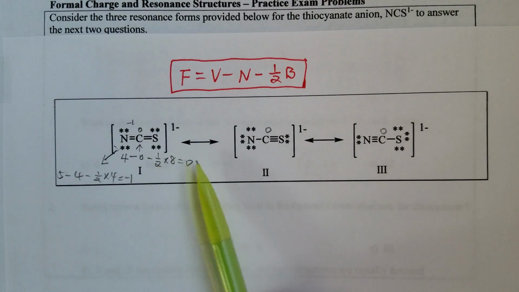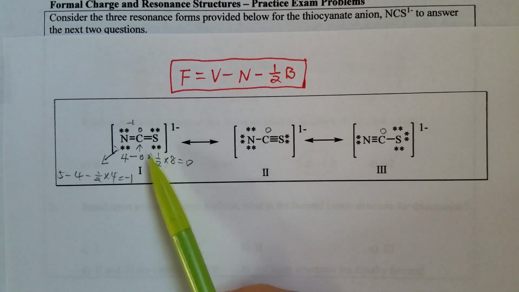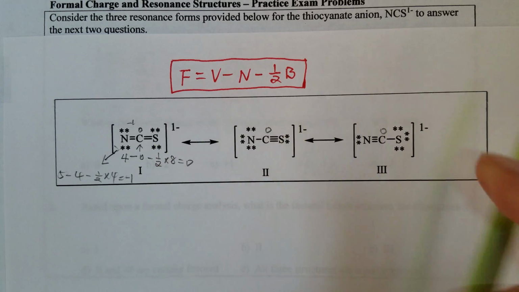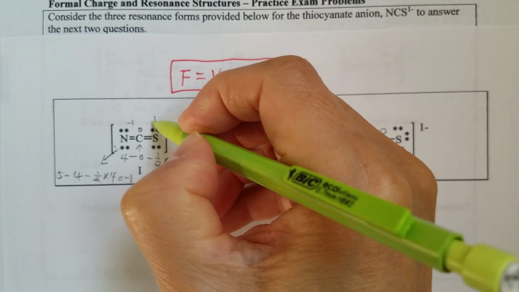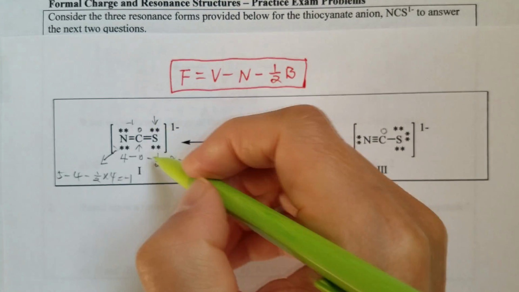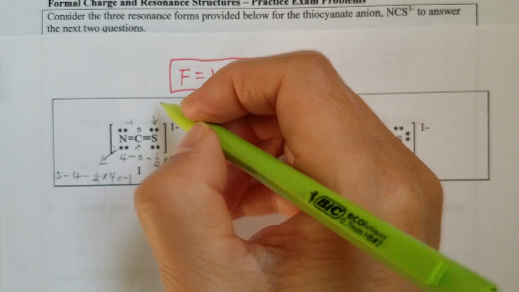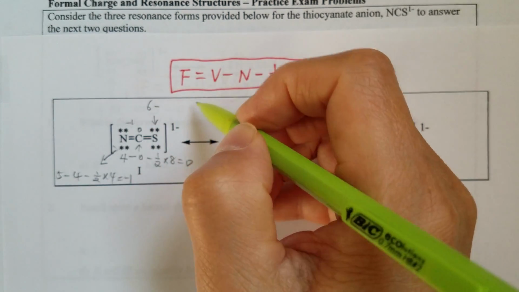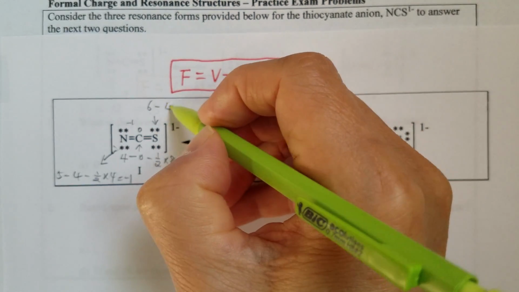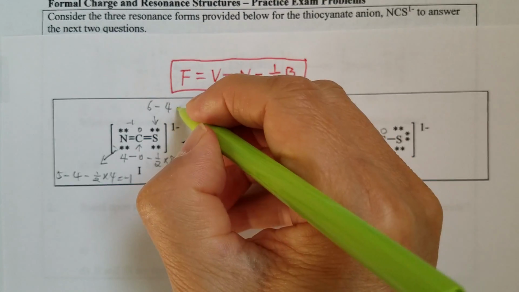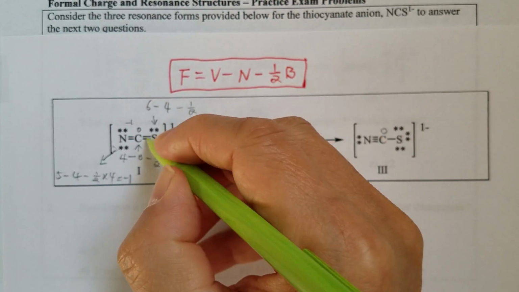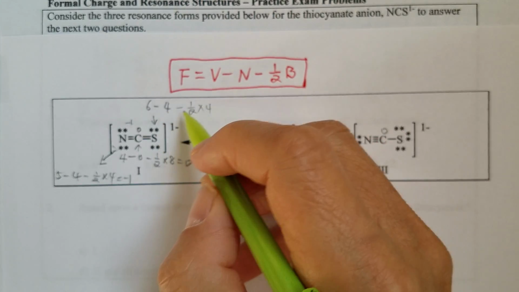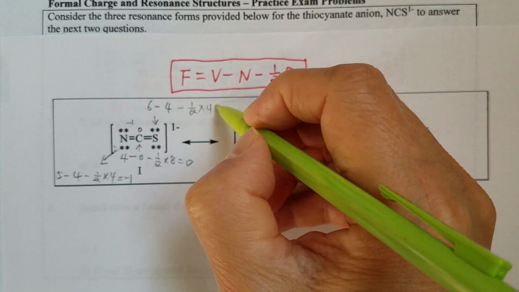Now let's come back to work on structure 1. So this time we'll find out the formal charge for the sulfur atom. It's in group 6A, therefore 6 valence electrons, and 4 non-bonding electrons and also 4 bonding electrons.